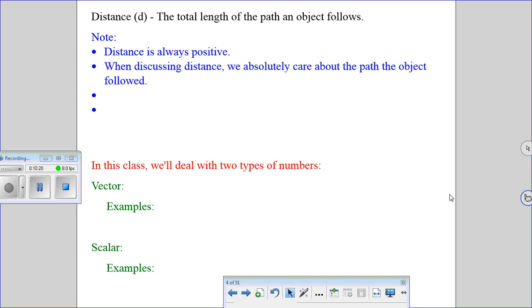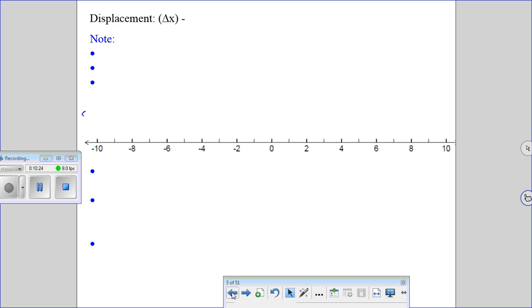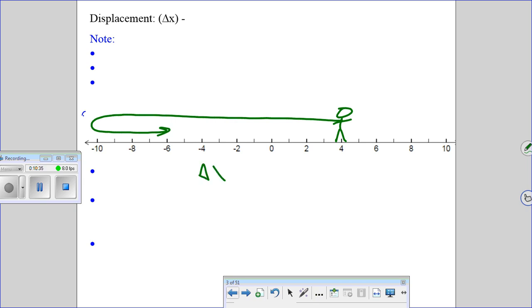Now, when discussing distance, you have to care about the path that the object followed. Like in that last example, we had Tim Horton. He went from here to the Prime Minister's house and then back to Alanis Morissette's house. The displacement we just found a minute ago was negative 10 kilometers, but the distance would be much farther than that.